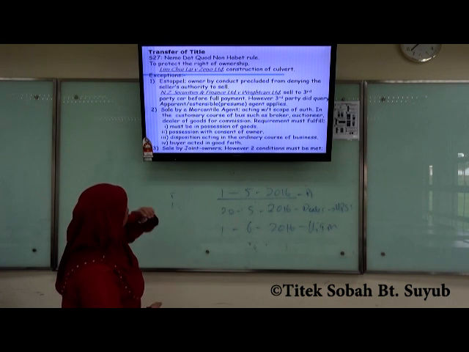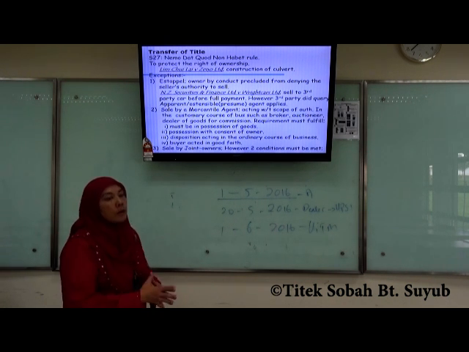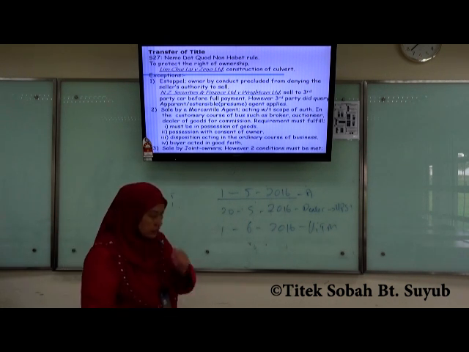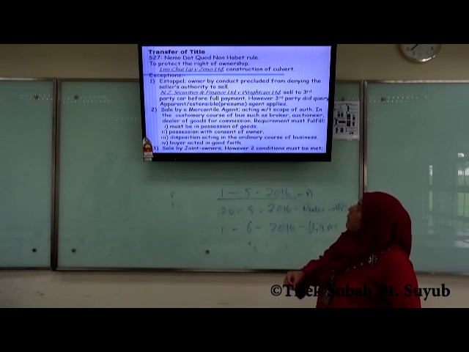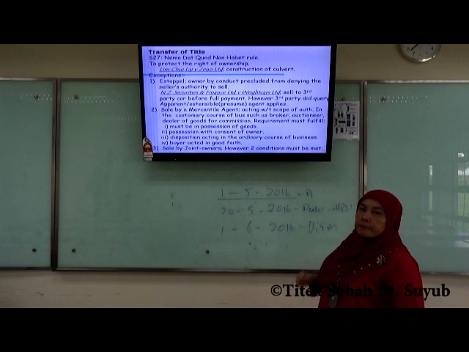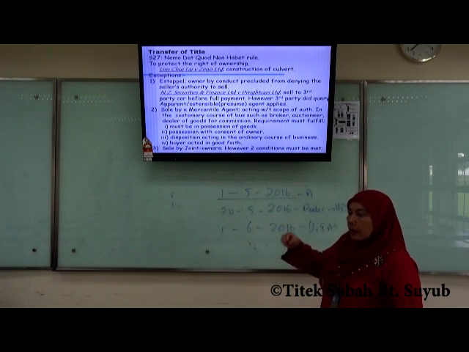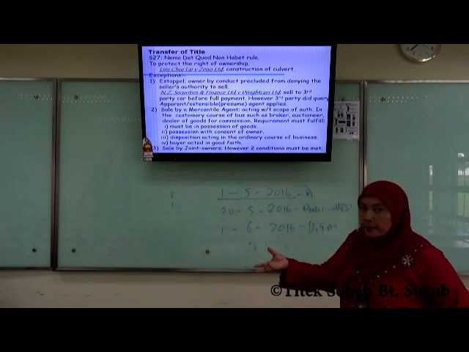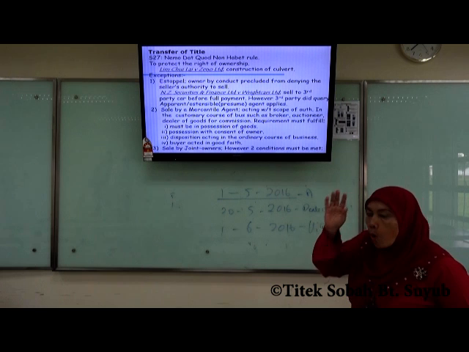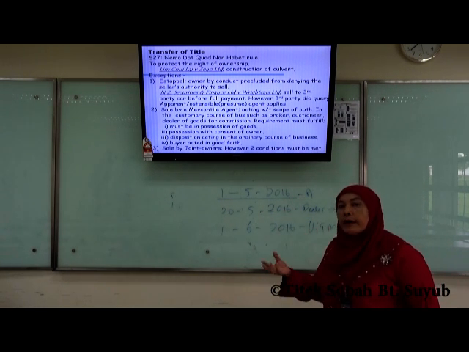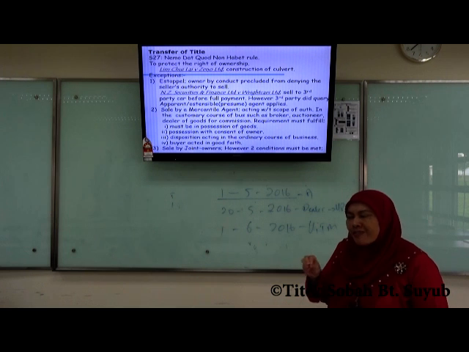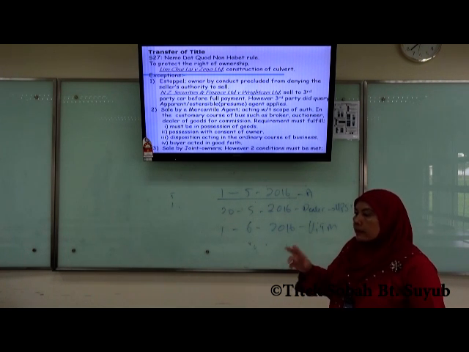So let us have a look at the case of NZ Securities. What happened in NZ Securities? This buyer bought a car from Right Cars, and he issued a check to Right Cars. He told Right Cars, you hold on to this check until I can find a finance company who is willing to finance the said purchase.